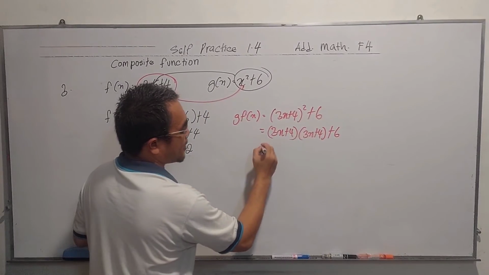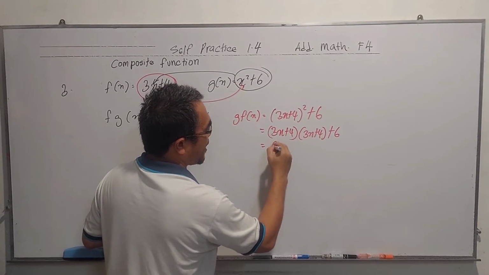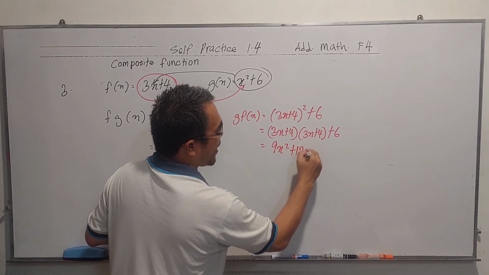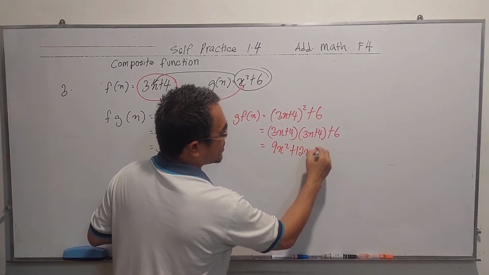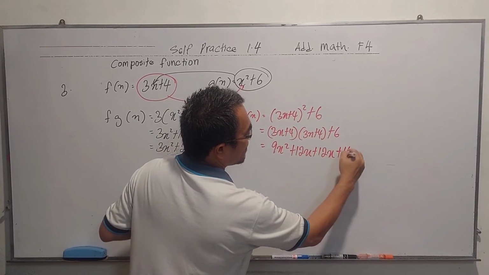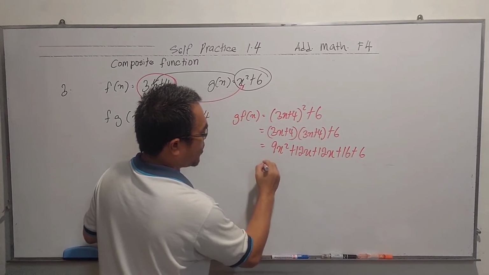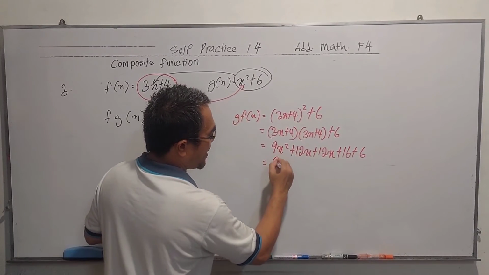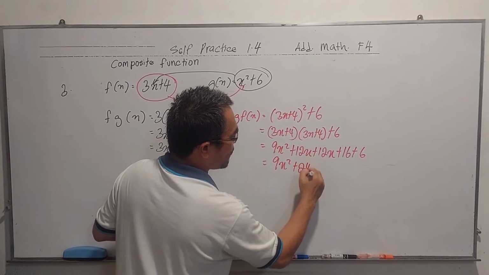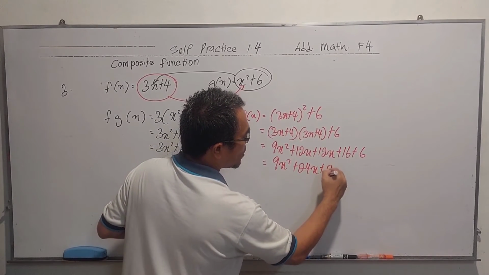And then expand the bracket. 3x times 3x will be 9x squared. 3x times 4 will be 12x. 4 times 3x similar, 12x. 4 times 4 will be 16. So the final answer will be 9x squared plus 24x plus 22.